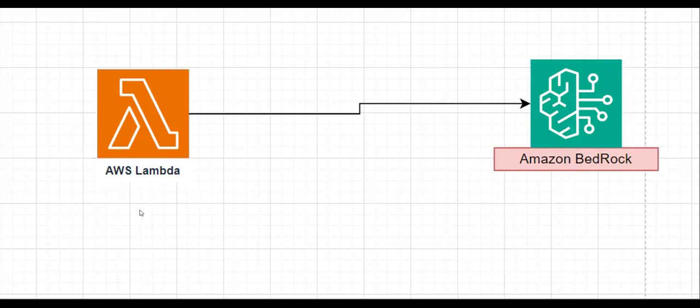And one more point is I want to put this Lambda function privately, so there is no public access for this Lambda function. I don't want to provide any public access to it. Through this Lambda function, over a private network, I want to access the Bedrock model. I want the configuration like that.